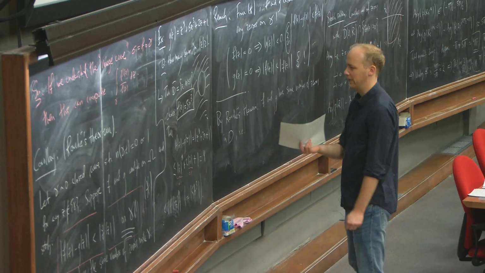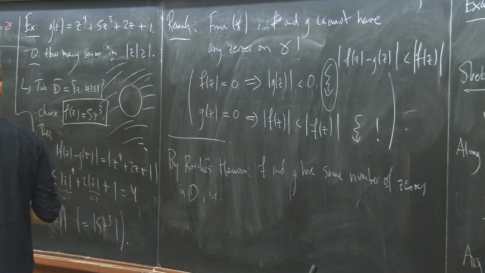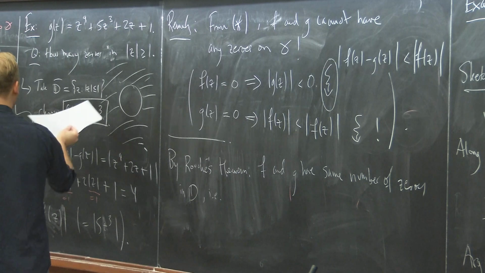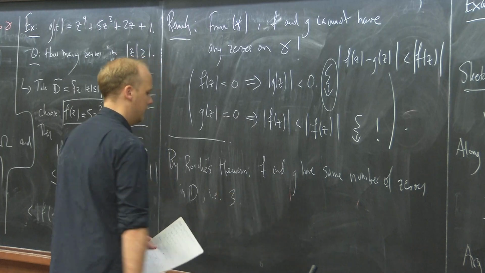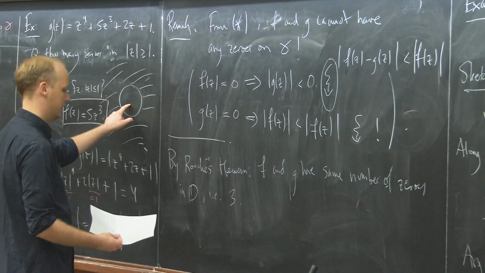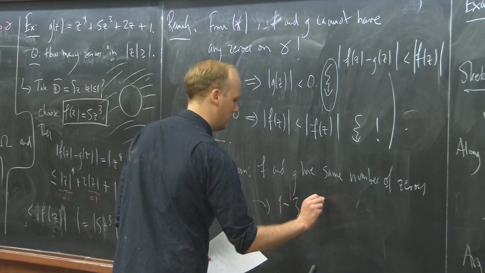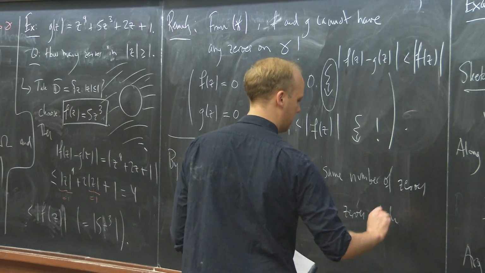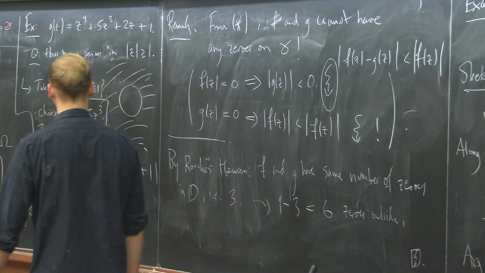So then we just have to remember that F was 5 times z cubed. And we chose this, of course, so this condition has to hold, and this is of course the trick, to choose F and G correctly, but it's clear that this one has 3 zeros inside. So 3 zeros now inside the disk, which means that we have 6 zeros outside because there were no zeros on the boundary itself.